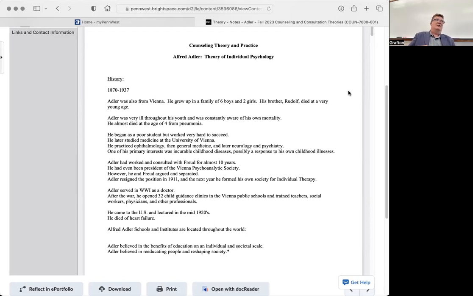So one of the interesting things about a lot of these early theorists is that they often had some type of life-threatening illness, or they were placed in harm's way, or perhaps a sibling was sick or passed away unexpectedly.